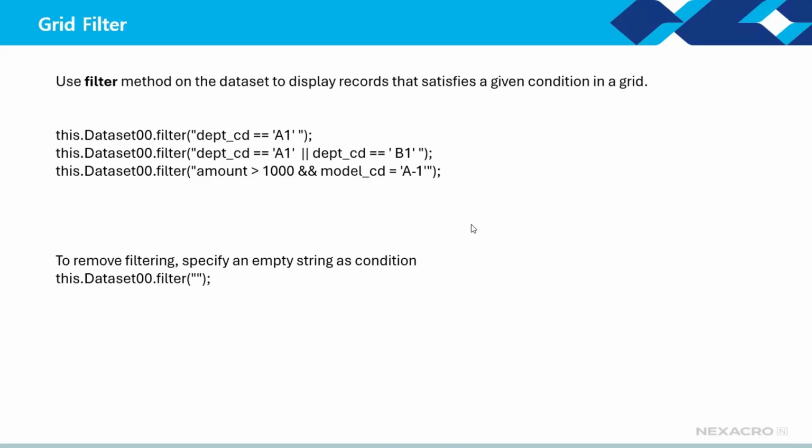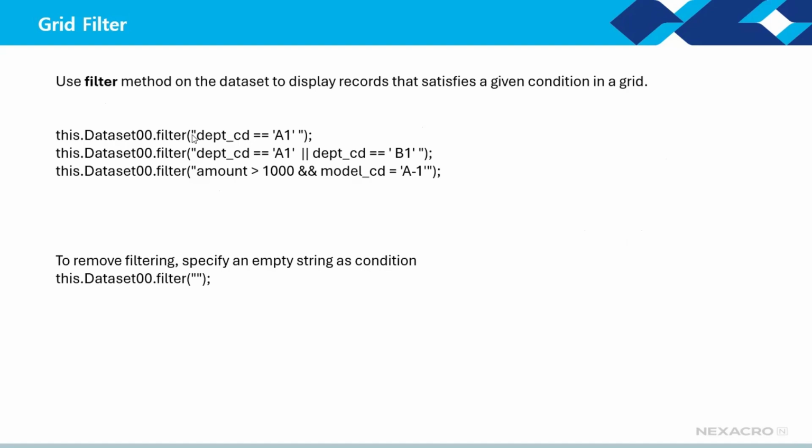Today, we will look at the grid filter menu option. So you can use the filter method on the data set to filter the rows given in a grid based upon the given condition. You can filter the rows using either a single column or you can combine multiple columns to create a condition for filtering.